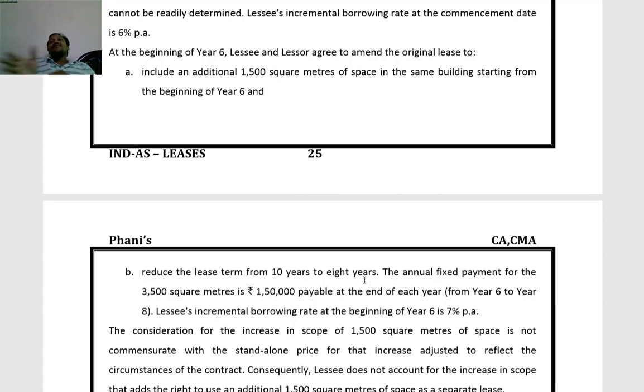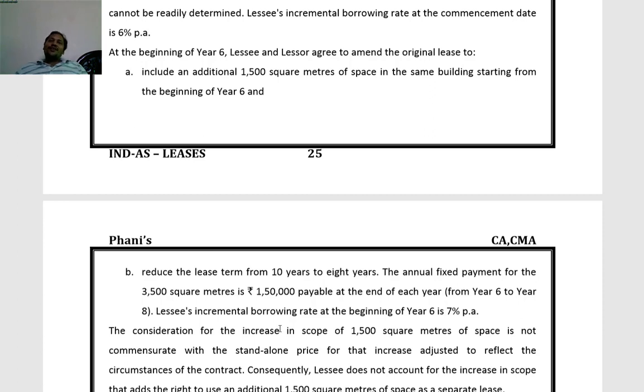So, other modifications, 3 categories. First one, increase in scope of the asset with commensurate consideration: separate lease. Decrease in the scope of the lease: proportionate decrease in lease liability and ROU asset, and remeasuring the liability. Third one, other modification: just remeasure the liability at the revised discounting rate. Now, this is other modifications.